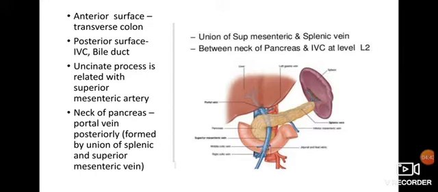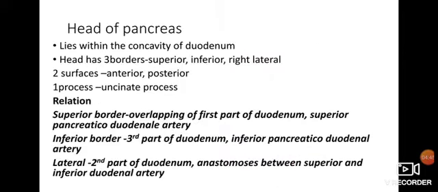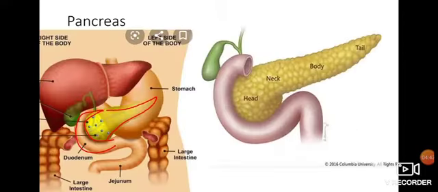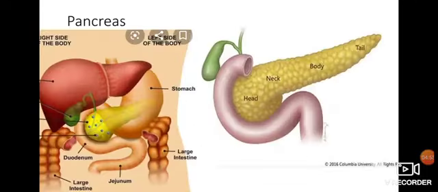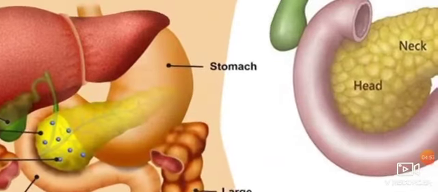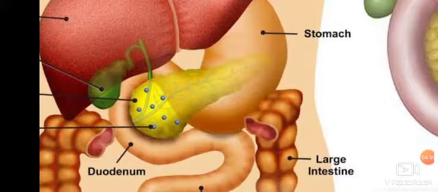Then regarding the surfaces, there are the anterior surface and posterior surface. See this diagram. What is present anteriorly? Nothing is there here. The anterior part of the head is visible from outside, but one structure is crossing along the anterior surface.